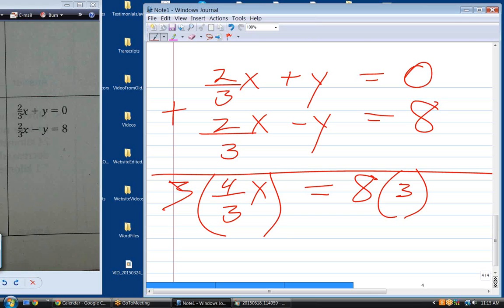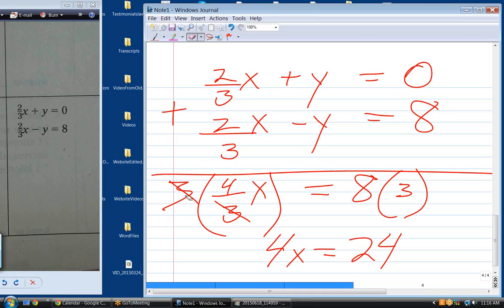Yeah, in other words, this 3 cancels with that 3. So we're left with just 4x. Whenever you're multiplying by the denominator, you're doing it to get rid of it. So you always know that it's going to disappear. Now what's the next step? The x equals 6. Correct. In other words, the next step is to divide both sides by 4.